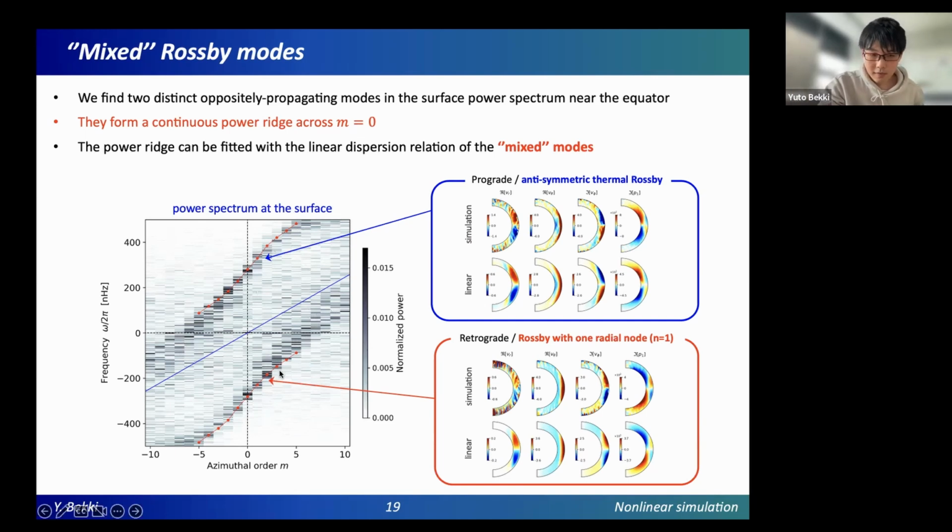And when the eigenfunctions are extracted and compared with the eigenfunctions of the linear calculation, we can clearly see the agreement. So this is a very good confirmation of the mixed Rossby modes.